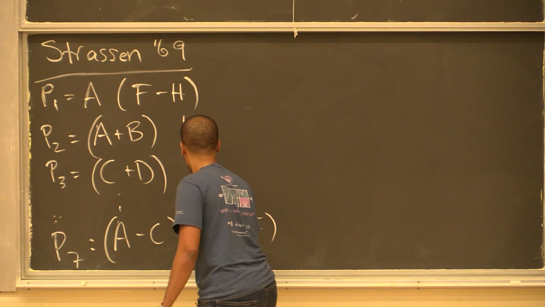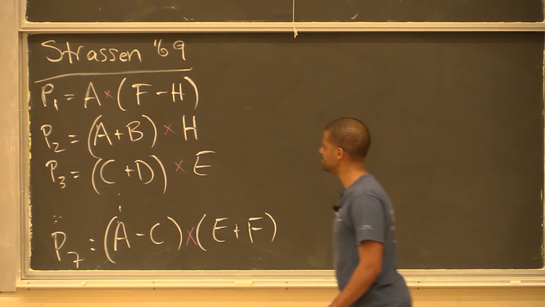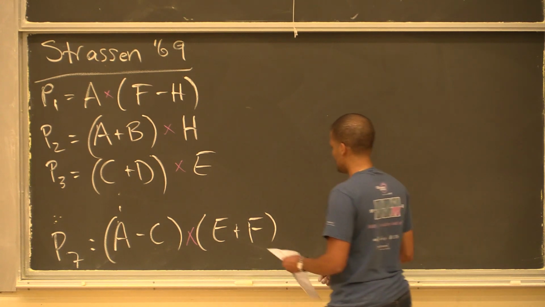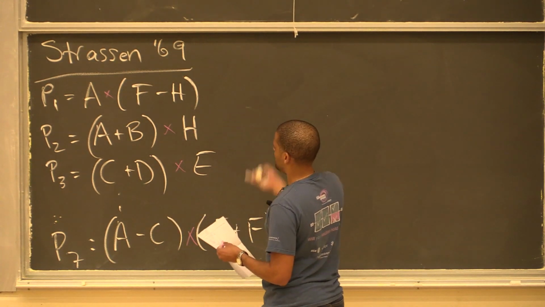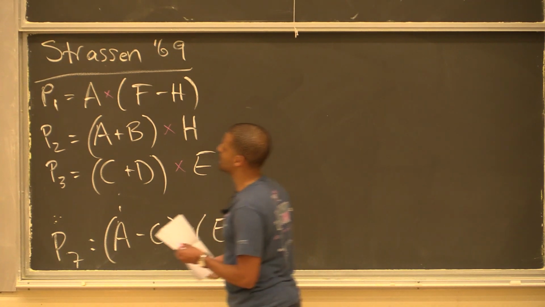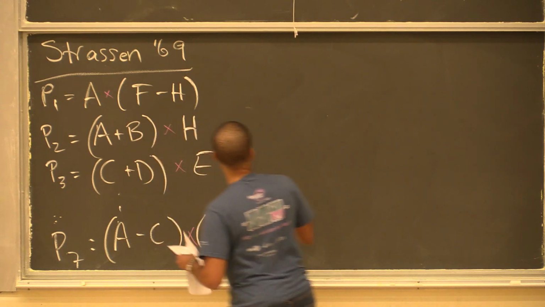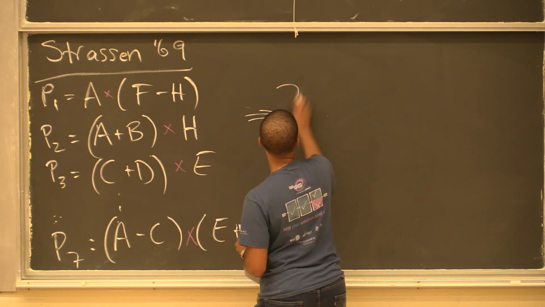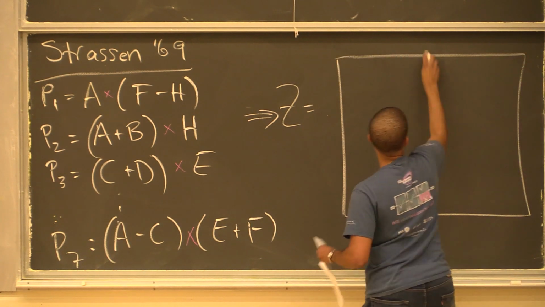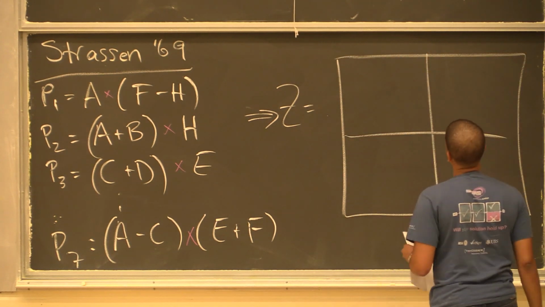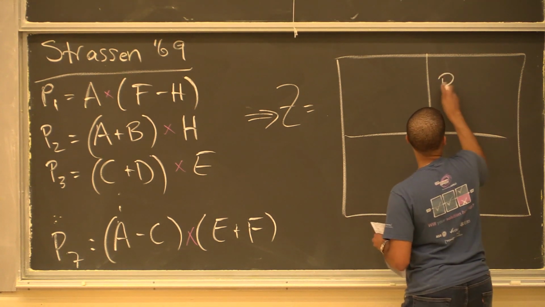So each of these involves one matrix-matrix multiplication on n over 2 by n over 2 matrices. Okay? And then what he showed is once you have P1 up to P7, you can recover these entries by combining them. So this matrix Z that you want, if you write it as 4 blocks that are each n over 2 by n over 2, the top right block turns out to be P1 plus P2.